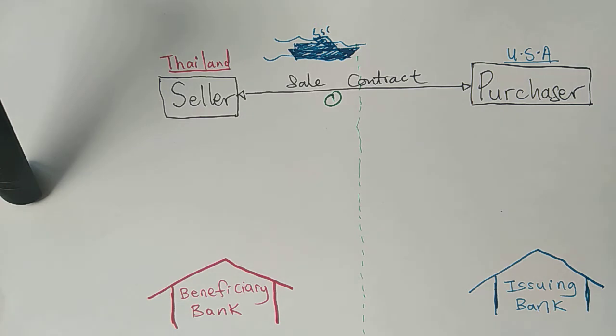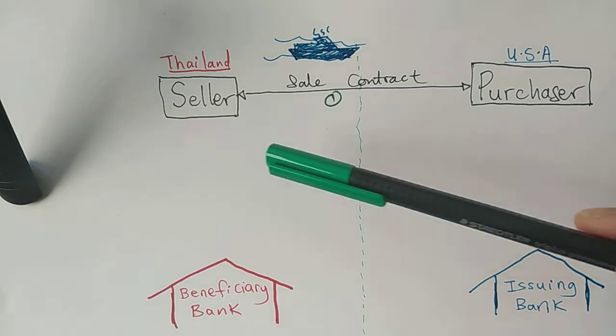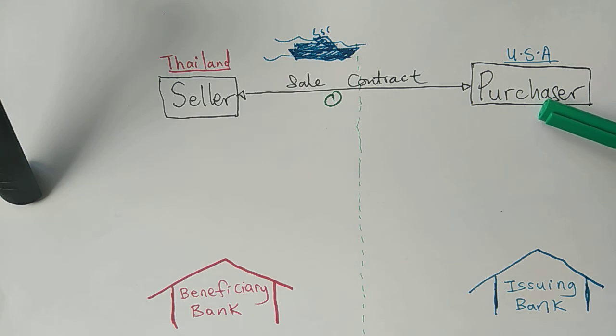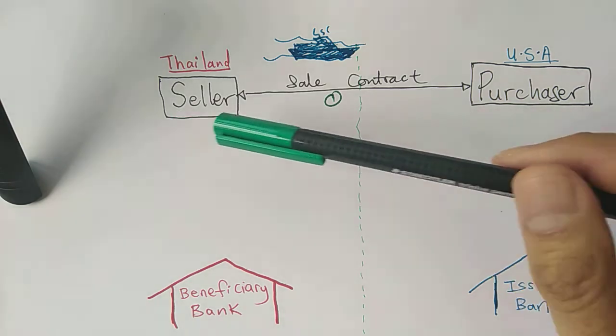And of course, our good friend, the governing law condition. What if there is a breach of contract by either one of these parties? The one who suffers the damage claims for the breach of contract. Let's say the seller doesn't deliver, the purchaser claims for the breach of contract. Claim where? In Thailand? In the USA?